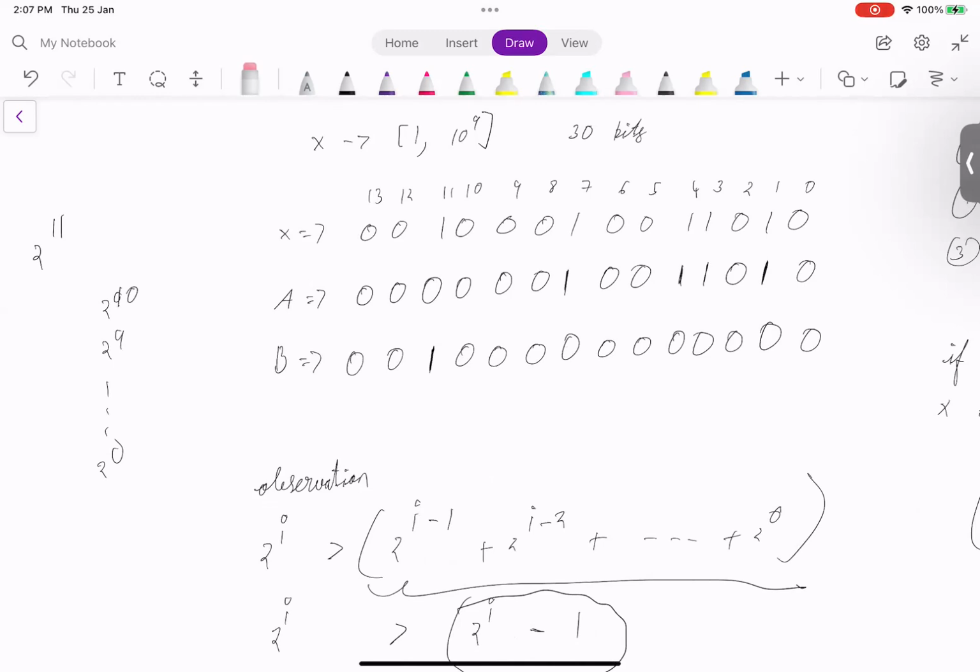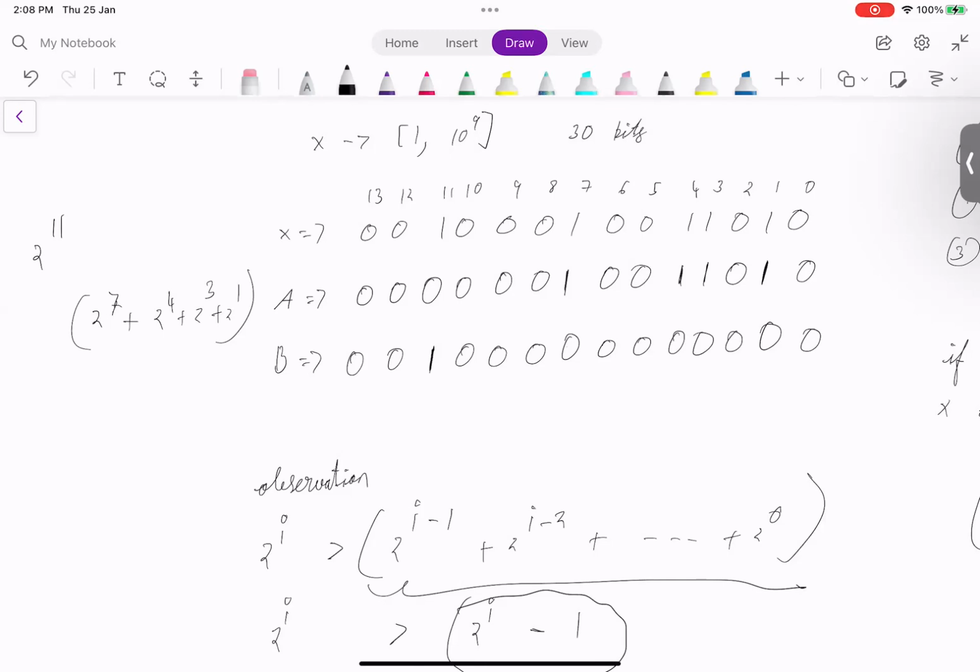Now, among these values, we don't have a few values. That is, we only have 2 power 7 plus 2 power 4 plus 2 power 3 plus 2 power 1. Right? These are the values that we have, which are set and less than the 11th bit.